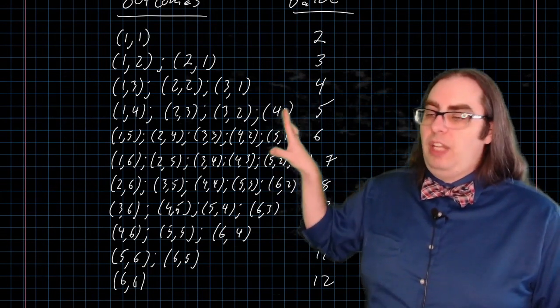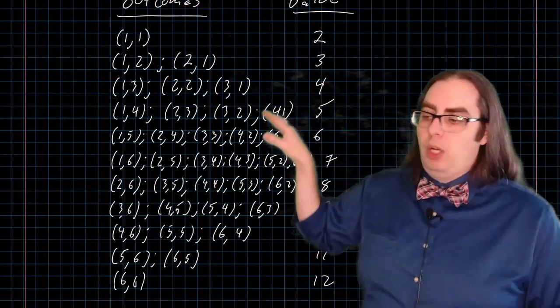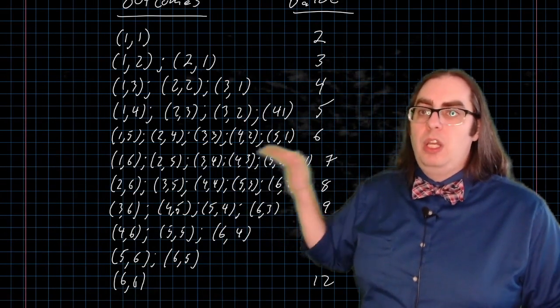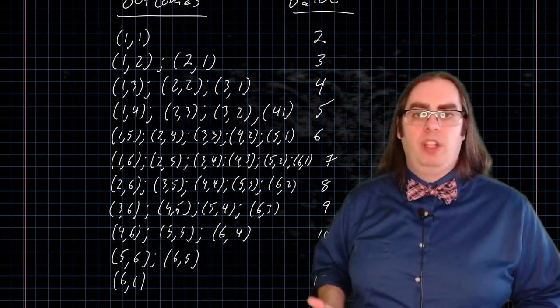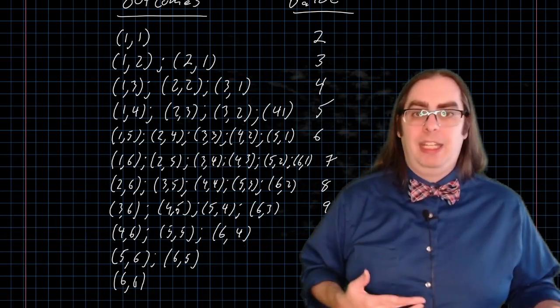This list of outcomes, if we take each row as a separate event, is a partition. No outcomes show up in more than one event. Every outcome shows up in at least one event.